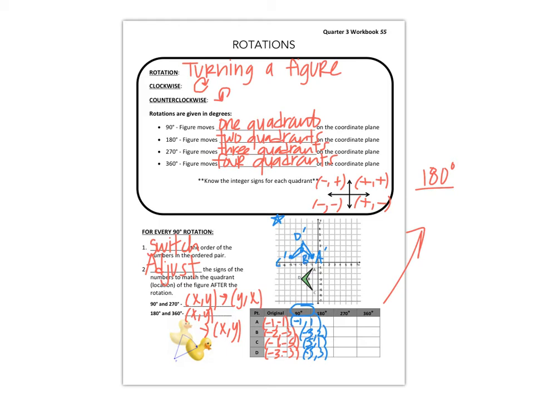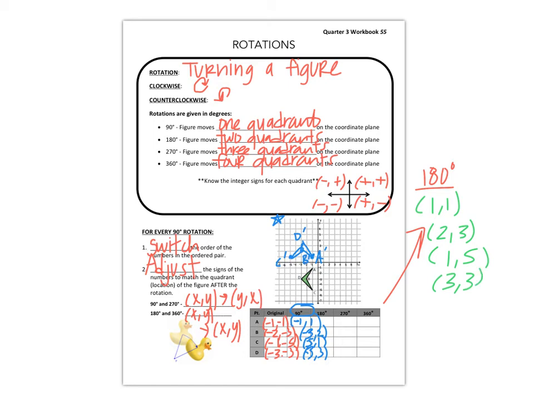Alright, so because of space, I'm going to take my 180 and go up here. So for 180, XY stays XY. So look back at your original. So it's going to stay 1, 1, 2, 3, 1, 5, and 3, 3.